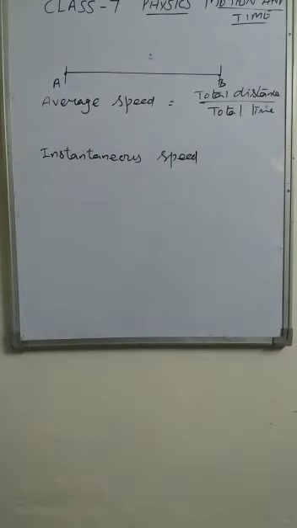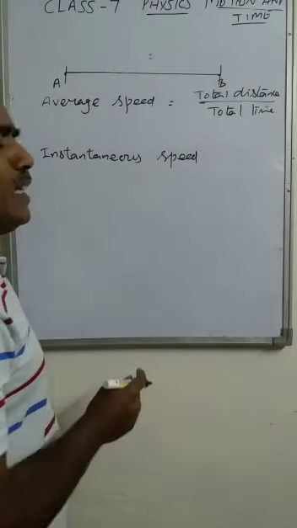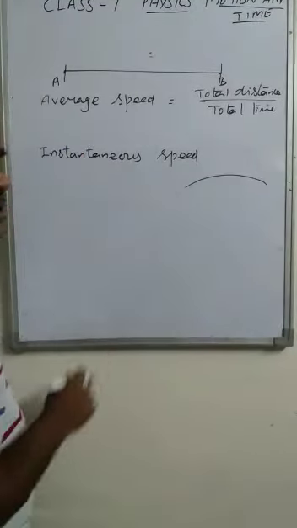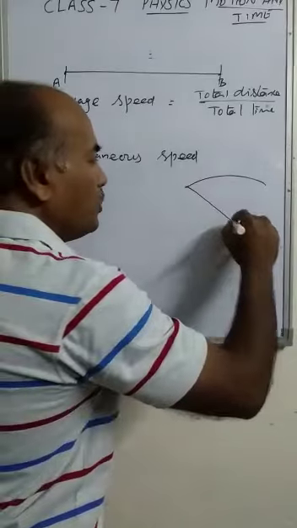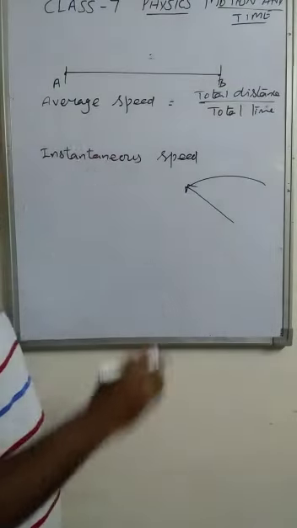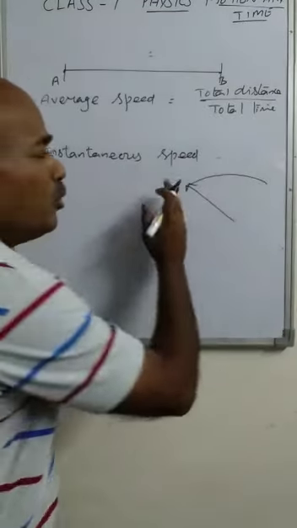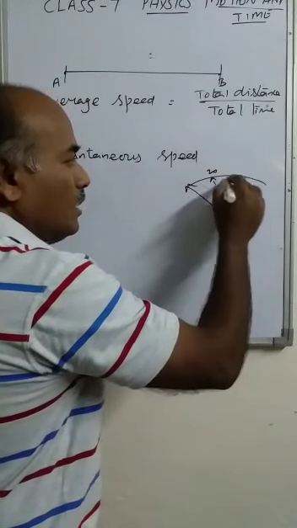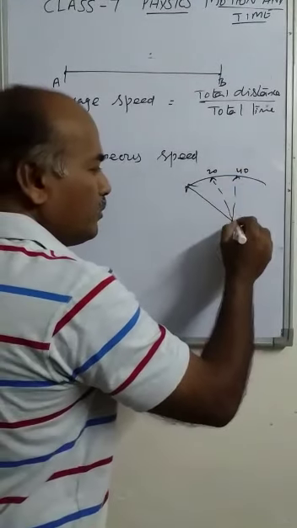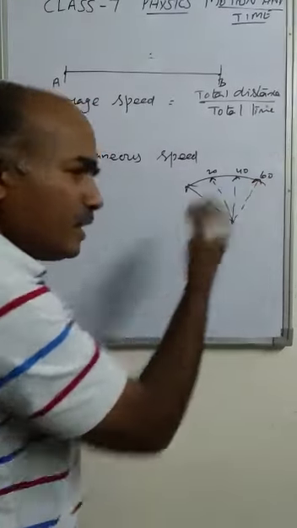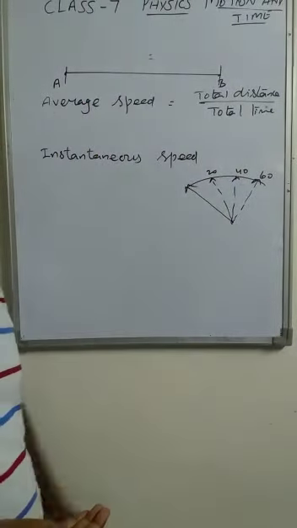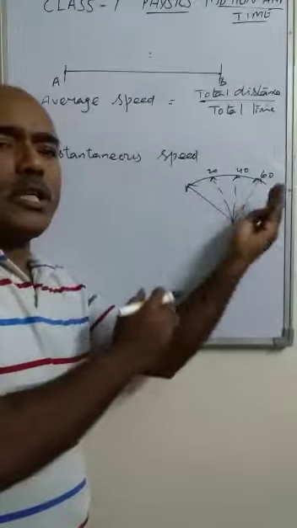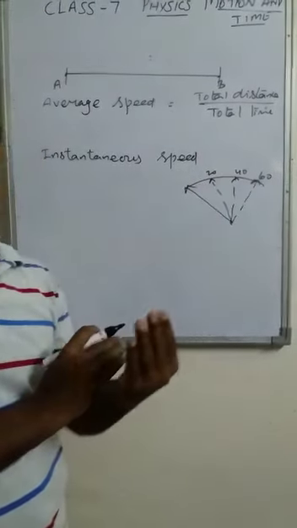When you travel in a vehicle, suppose you are traveling in your car, the speedometer, when the car is at rest, the needle, the pointer, shows 0. As the car is moving, you can see the movement of this pointer. Sometimes it shows 20, sometimes it goes to 40, sometimes it goes to 60, and then it may come back to 40 also, it may come back to 20, then it goes to 30. In this way, the pointer moves to and fro and shows any value.